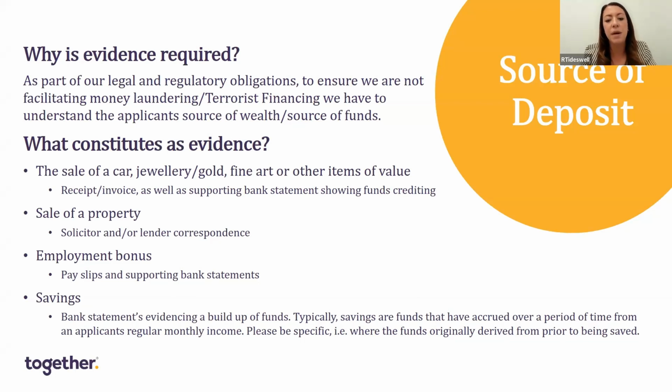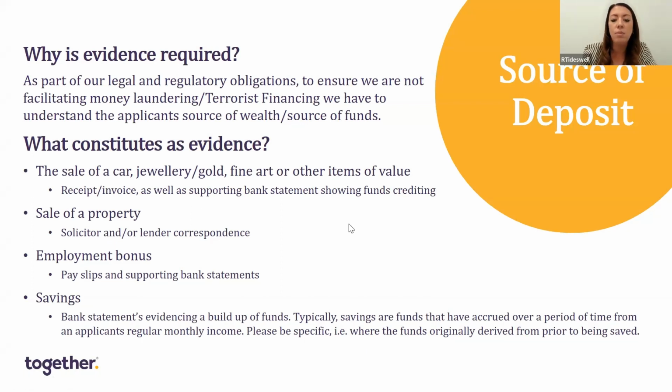So I'll give you a little bit about what we would classify as constituting evidence, with some live examples of what we'd expect to make the journey smoother for both you and the customer. For example, we get different sources of deposit, things like the sale of a car or sale of jewellery or gold or high value items.